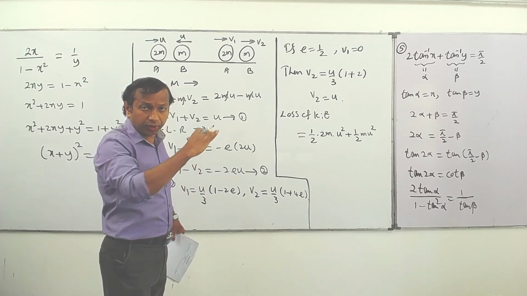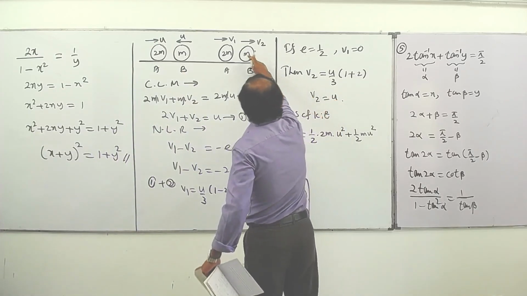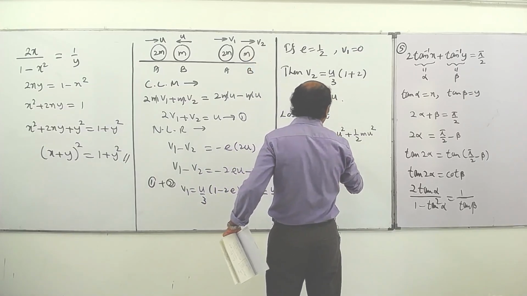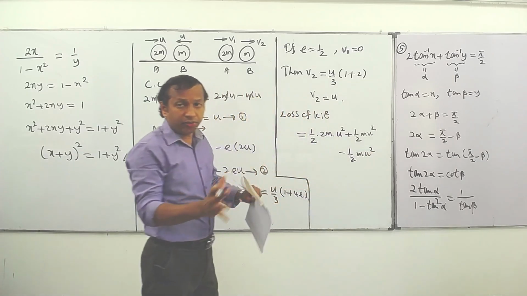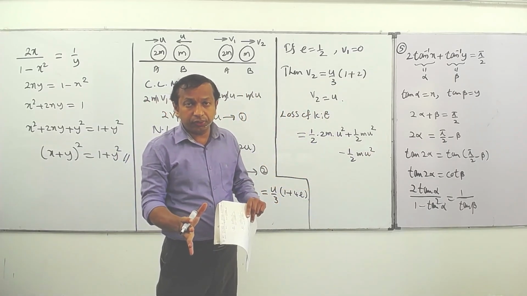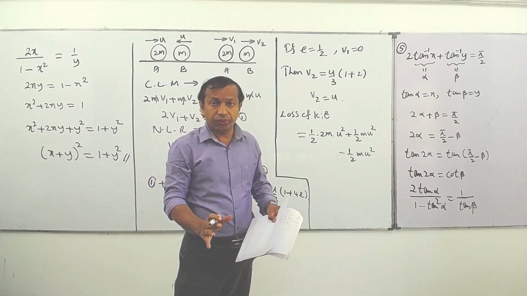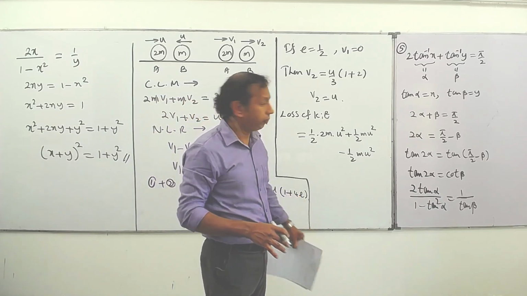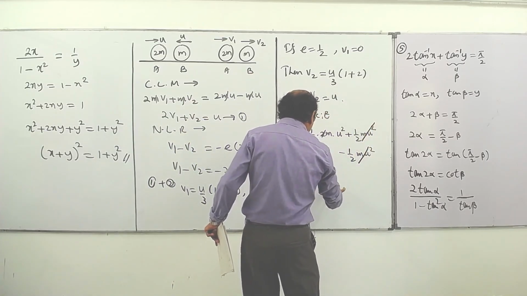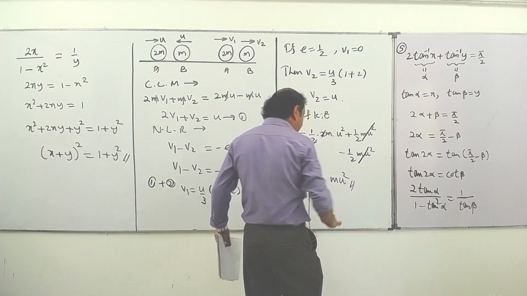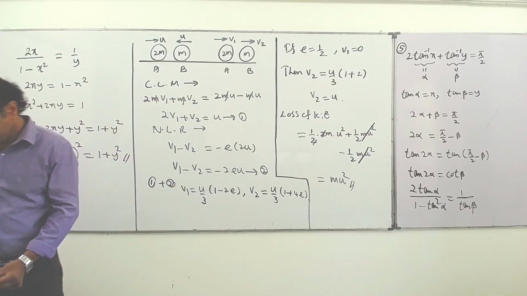After the impact, A is at rest and B moves with velocity u. Its mass is m, so its kinetic energy is half m u squared. We subtract this available kinetic energy after impact from the initial to find the loss. Then the 2s you can cancel down, and this and this you can cancel down. Then the loss of kinetic energy comes as mu squared.